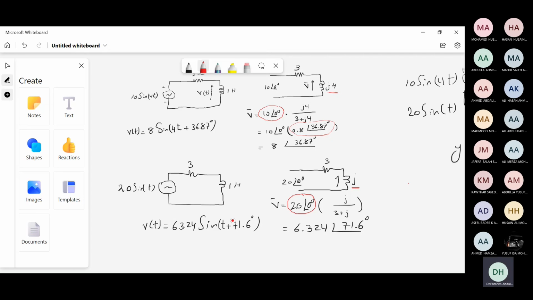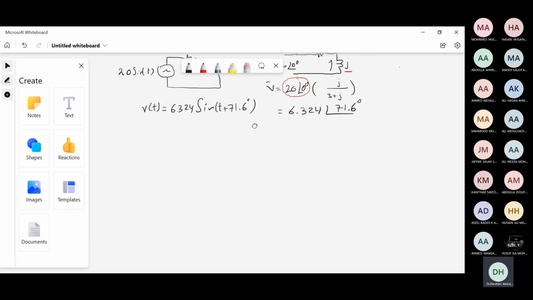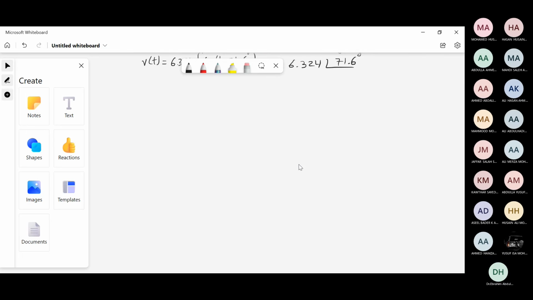So if we can't find this value directly, then we can find the output straightforward. And then choose how we can do it. Let me generalize this one.